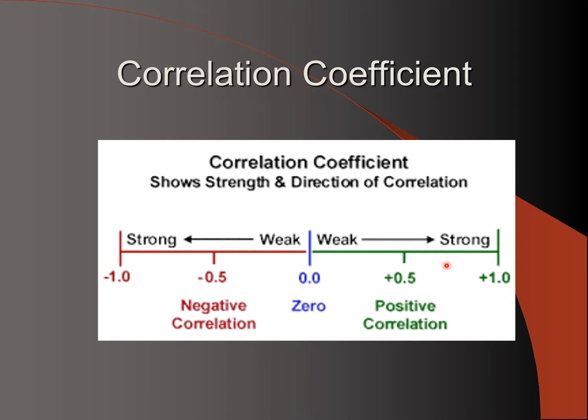So let's say that you had a correlation of 0.8. What that means is that those two stocks move together most of the time, but not always, not perfectly together, but most of the time. It's a pretty strong correlation.